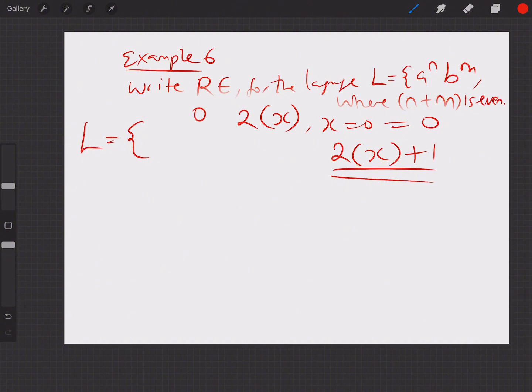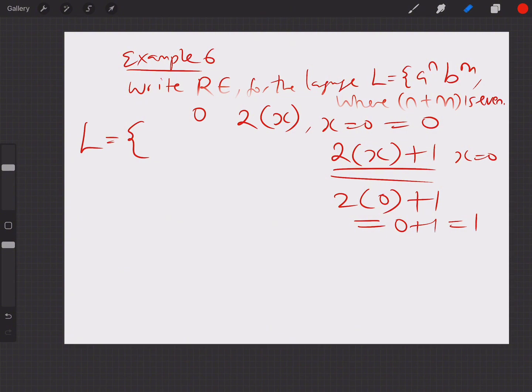Now, if we have x is equal to 0, we will have 2 into the bracket 0 plus 1. That is 0 plus 1, which is equal to 1. So 0 is not an odd number. Odd numbers must start with 1. And we are not talking about the multiples here. We are talking about straight mathematical stuff. Odd numbers begin from 1, 3, 5, 7, 9, 11, 13, 15, and so on and so forth.